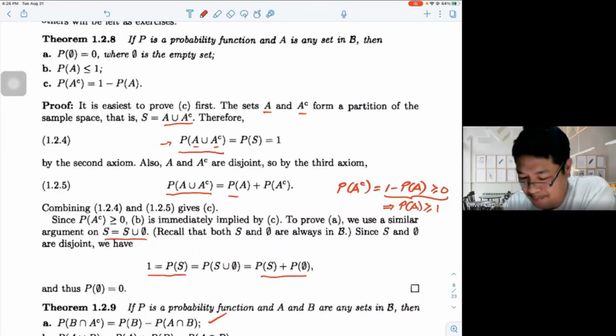Yeah, thank you for that. Itong part na to, since we have here 1 minus the probability of A greater than or equal to 0, in this case we have here actually, no, negative probability of A is greater than or equal to -1.